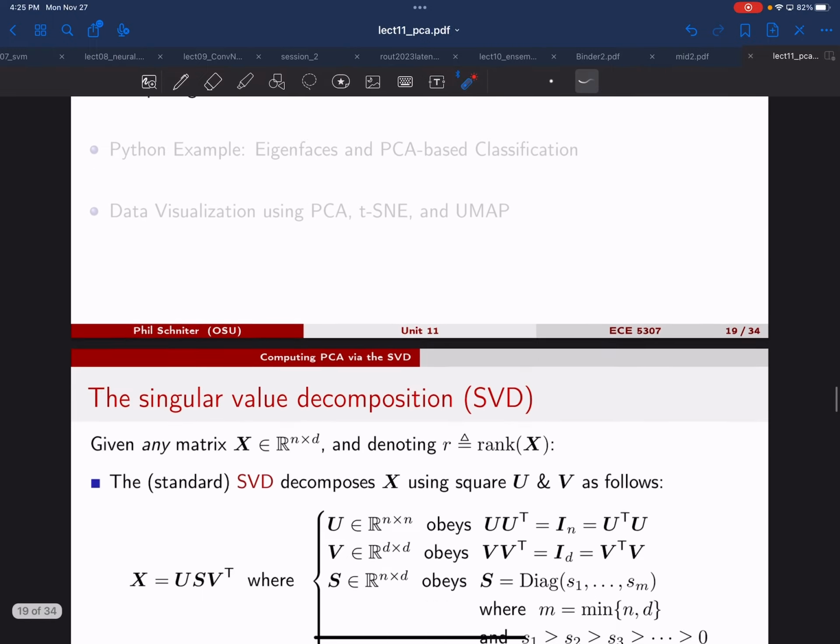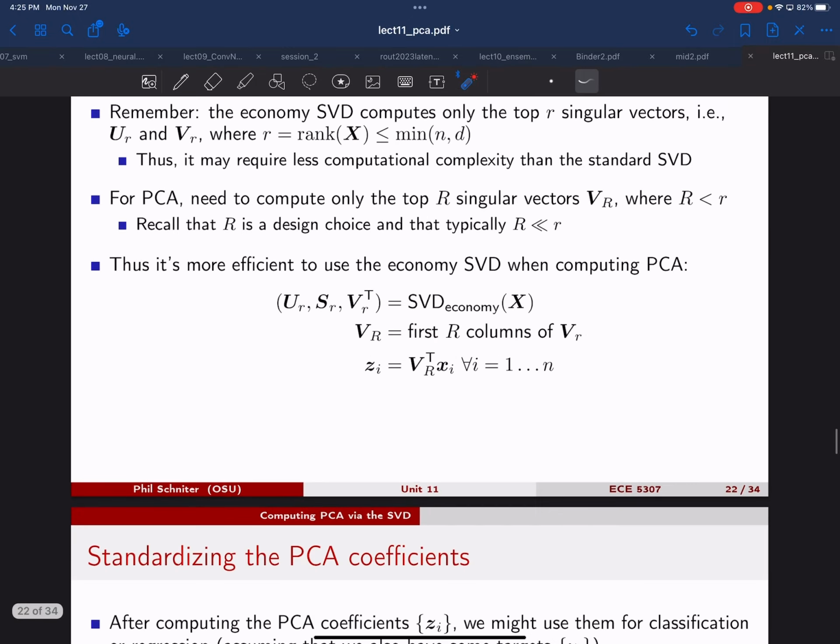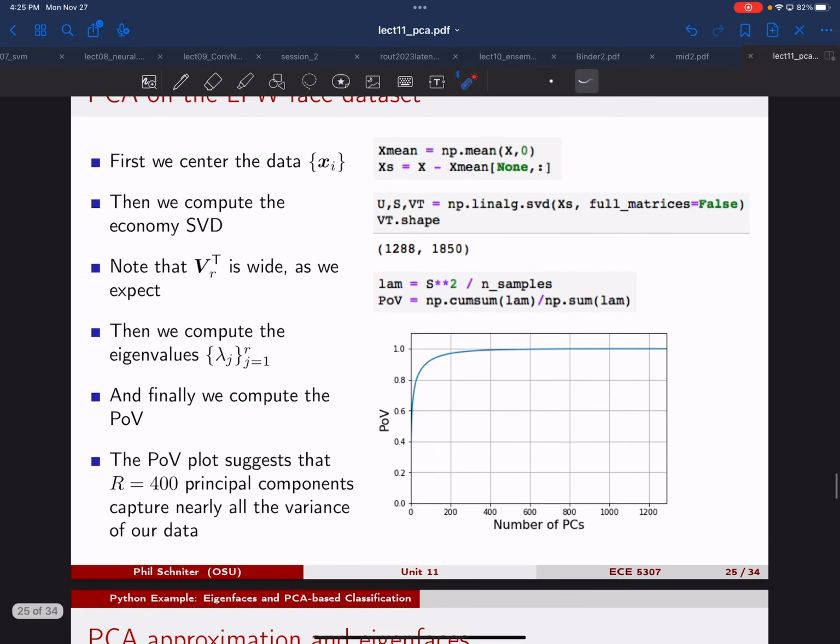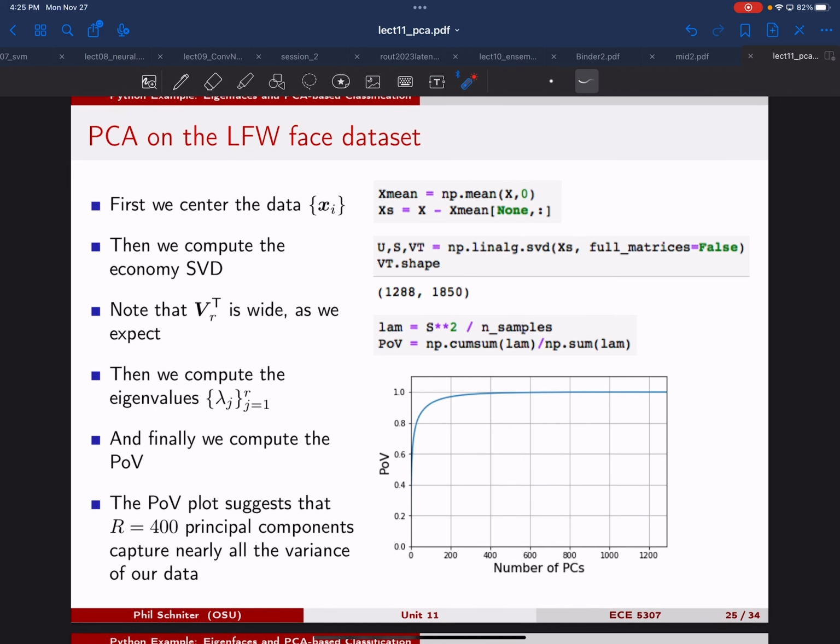Okay, all right, so let me skip ahead a few slides and show you that. I'll skip back to get some details, but this is the POV curve versus the number of principal components, which for us is capital R. Just to remind you, for this data set, this 1850 is D. But it turns out that the number of samples in the data set was 1288.